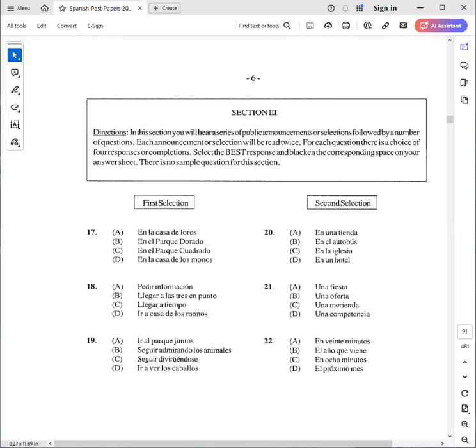Todos los productos, incluso los que ustedes tienen en los cochecitos, ahora estarán a mitad de precio. Number 20. ¿Dónde están las personas? Number 21. ¿Qué va a tener lugar? Number 22. ¿Cuándo va a tener lugar?